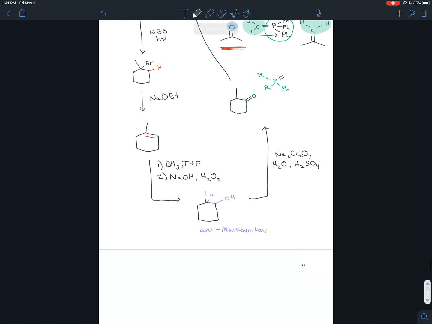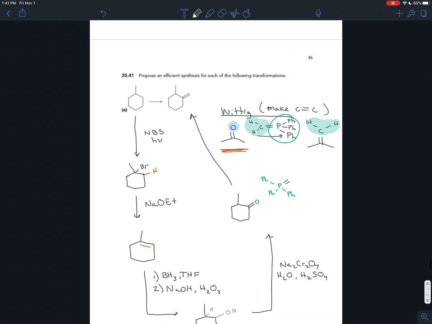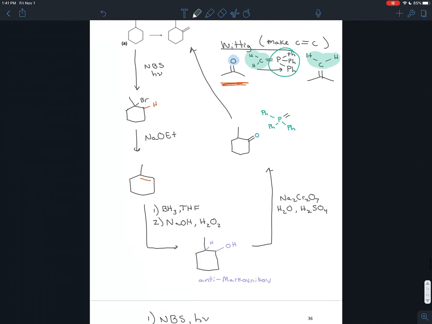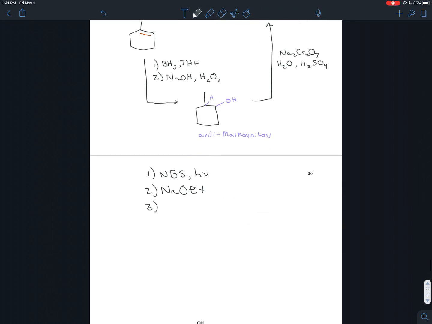So overall, the answer for this one is going to be, first, NBS and light. Second, a skinny base like sodium methoxide. NBS and light will put a bromine on the alkane. Once you have that, you can do an elimination reaction. You can get the Zaitsev product by adding the skinny base.